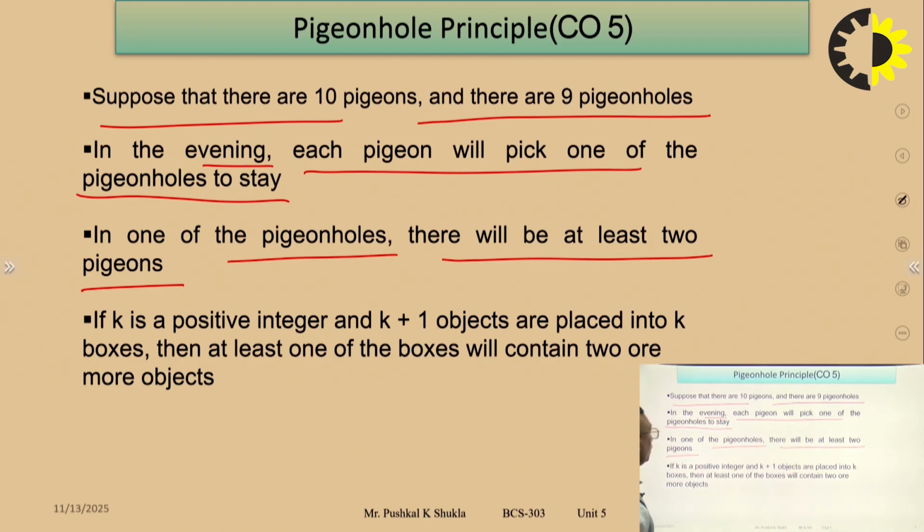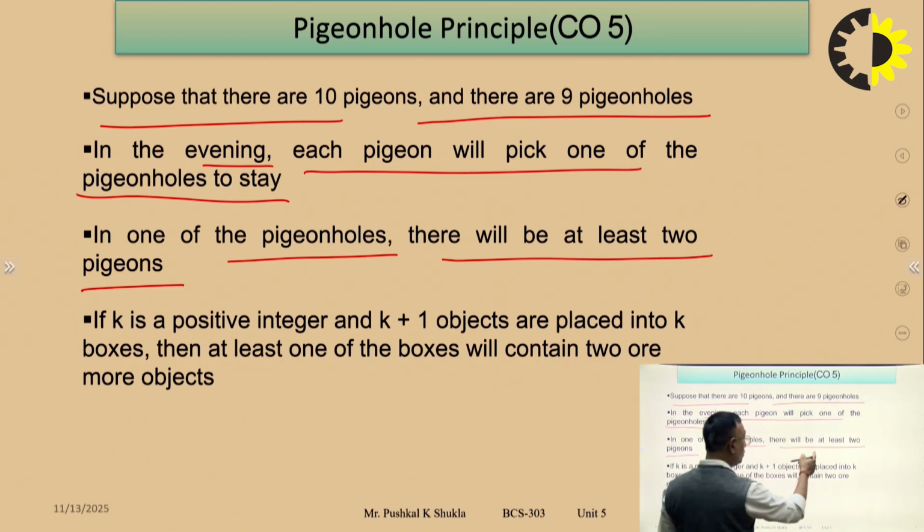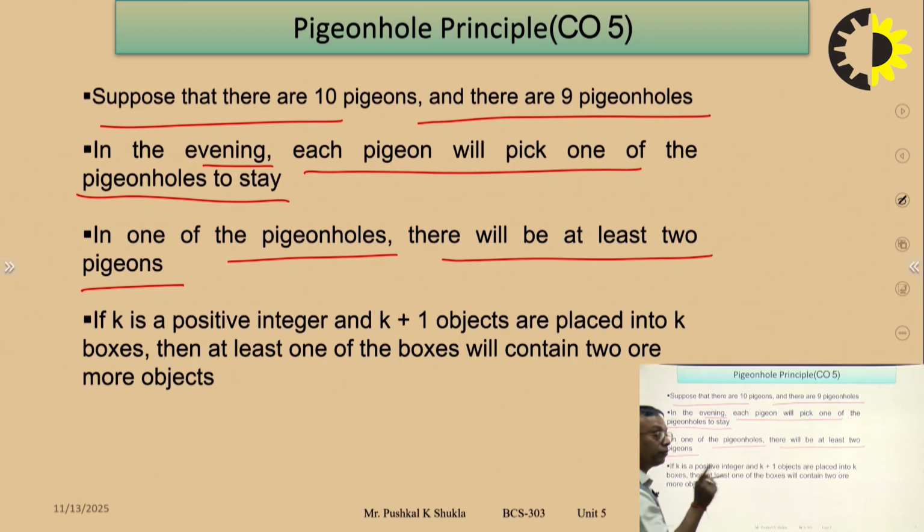It means out of 10 pigeons and 9 pigeonholes, there must be at least 1 pigeonhole which has more than 1 pigeon, at least 2 pigeons. If k is a positive integer and k plus 1 objects are placed into k boxes, then at least one of the boxes will contain 2 or more objects.